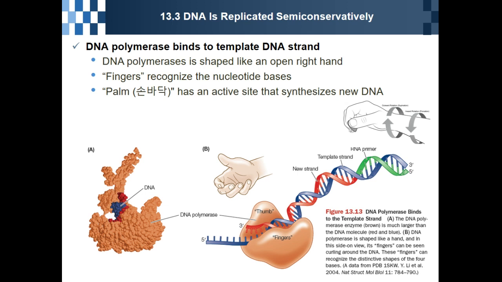DNA polymerase is shaped like an open right hand. At the bottom they are closed, but at the top they are open. This finger especially recognizes DNA.